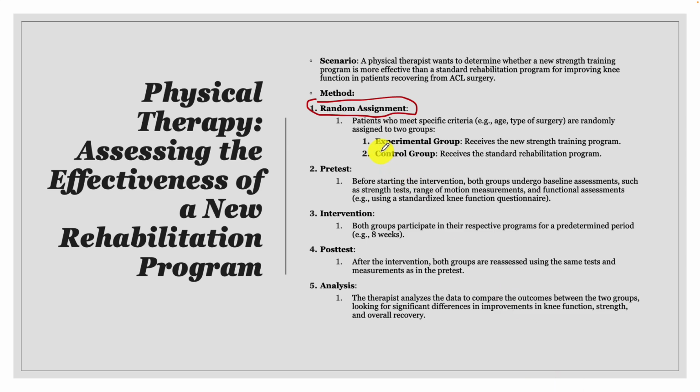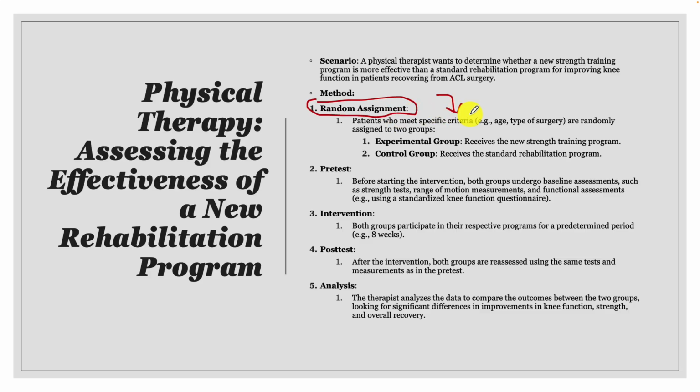So we want to make sure that patients who are being randomly assigned, first of all, meet specific criteria. On some of the papers that have been presented, inclusion or exclusion criteria really wasn't mentioned a lot.